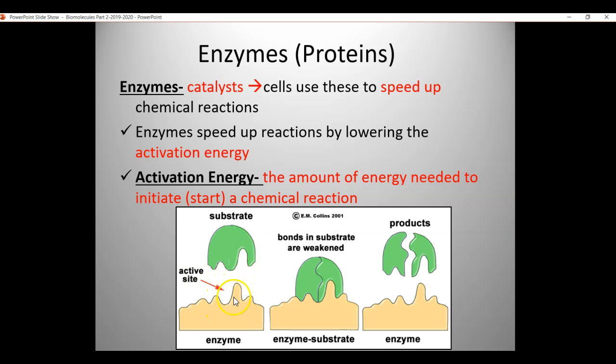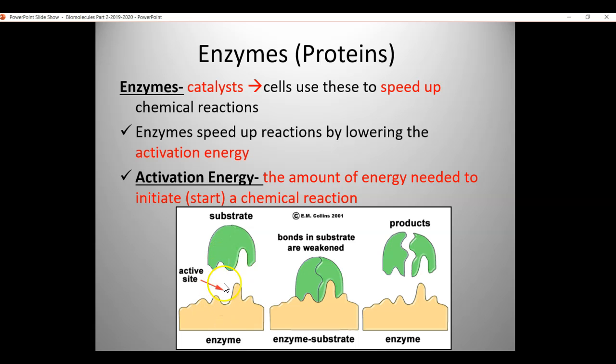The active site has a very specific shape that is specific only to that substrate. So again, the reactants or the substrates bind and thus facilitate the formation of a product. The enzyme is not changing as a result, and it is immediately able to catalyze another reaction.